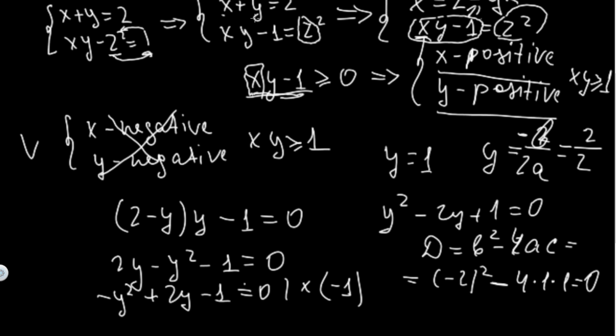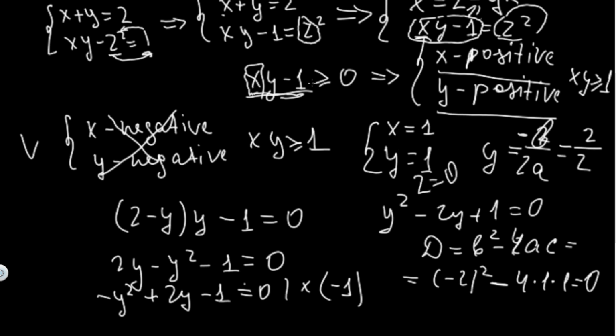Then, of course, if we put 1 instead of y, x is also equal 1. It is the only answer which satisfies this equation. So this system of equations has only one root: x equals 1, y equals 1, and z equals 0.